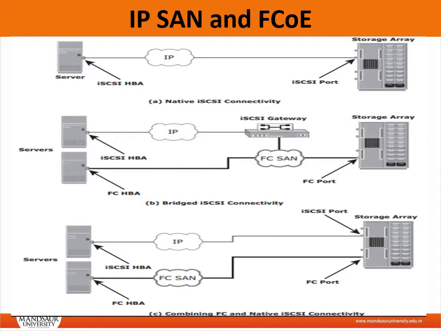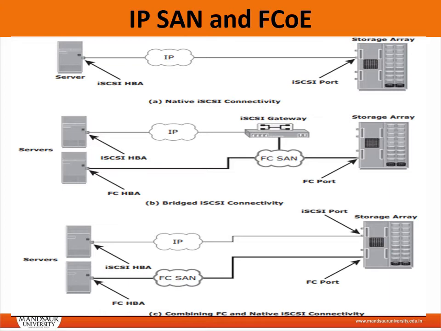There are two types of iSCSI implementation: native or bridge. In the native topology, there is no FC component. The initiators may be either directly attached to the target or connected through the IP network.